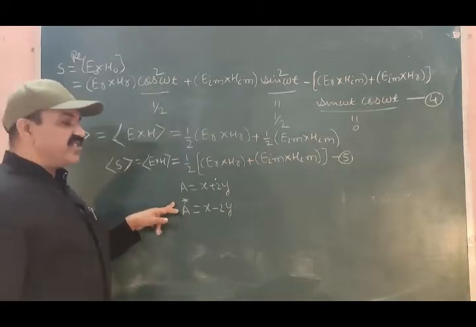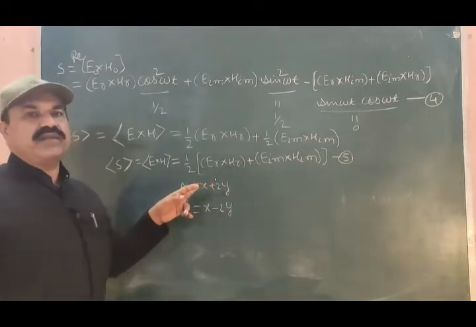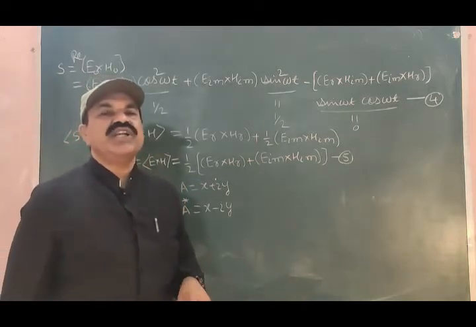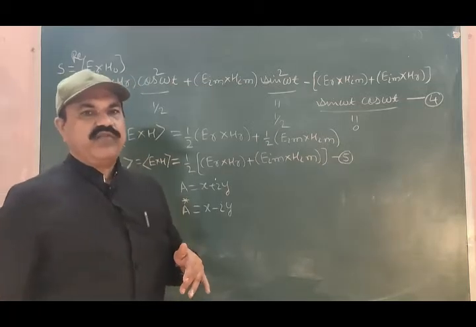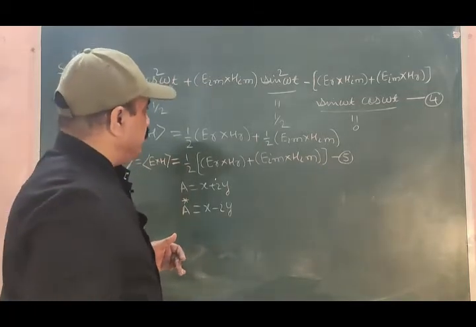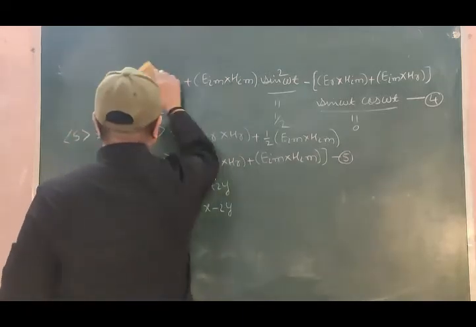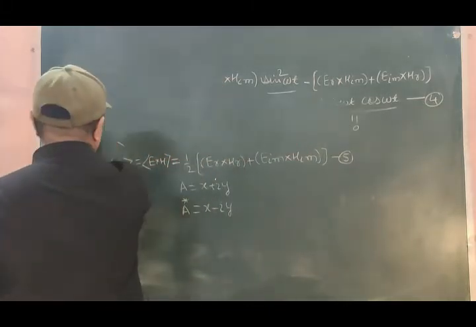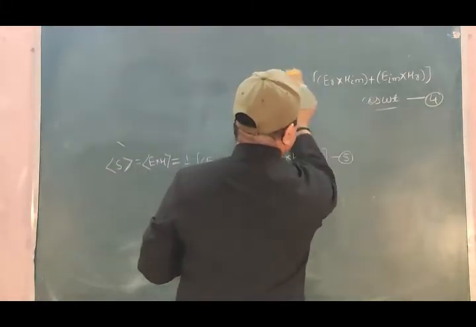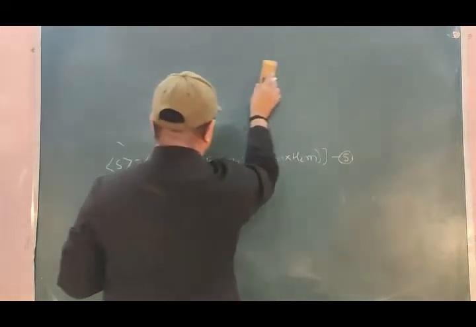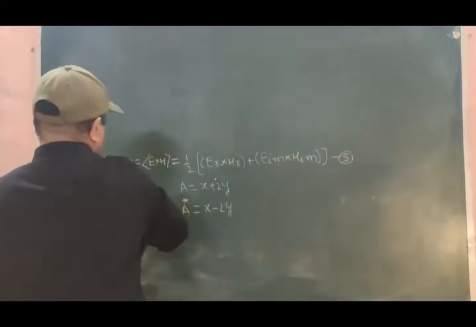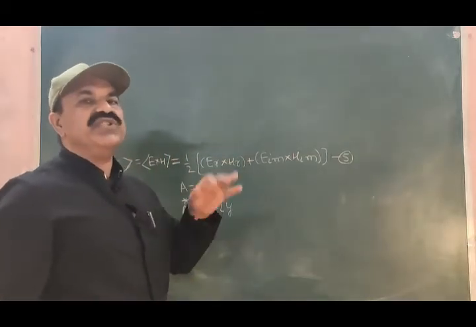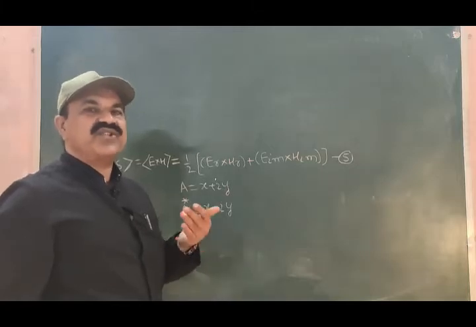We want to represent the time average of the Poynting vector in terms of the complex conjugate part. For this, we have to start again with equation 5 here, so that we can compare the time average of the Poynting vector written using the complex term and its complex conjugate.